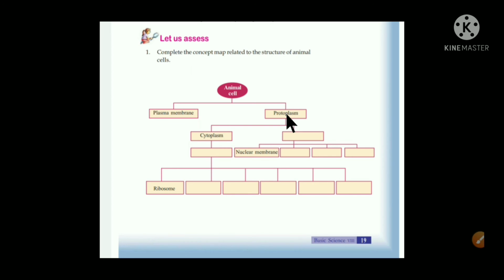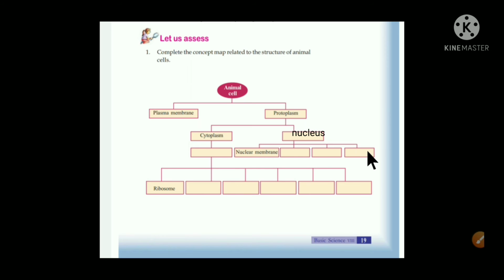Then the protoplasm can be divided into the nucleus and the cytoplasm. Here you have to write nucleus. Then, what are the parts of a nucleus? Here 1, 2, 3 and 4 boxes are given, and we have learned 5 parts: nuclear membrane, nuclear pores.